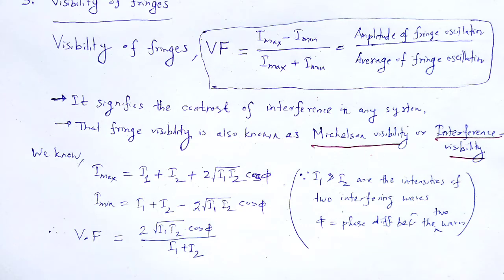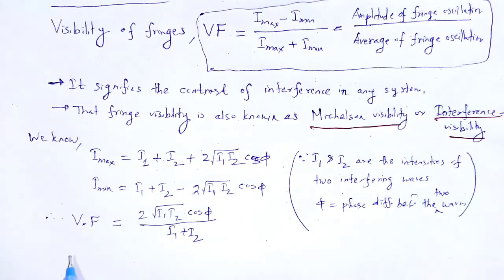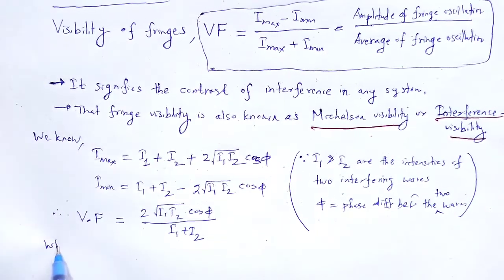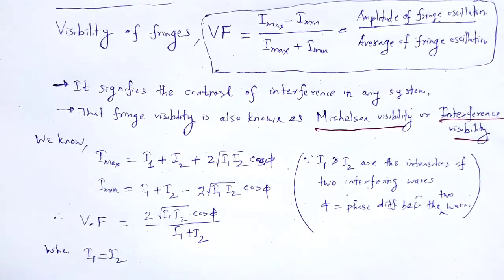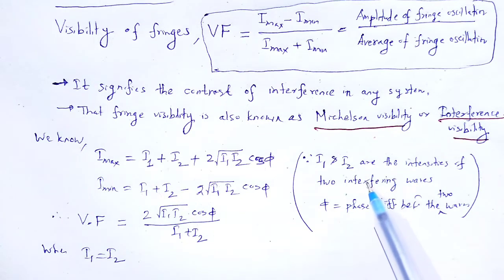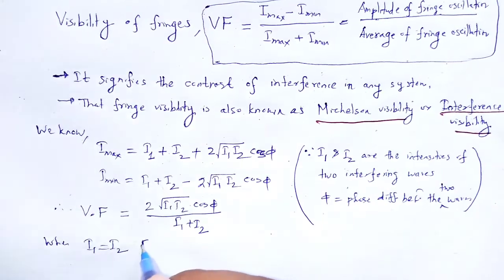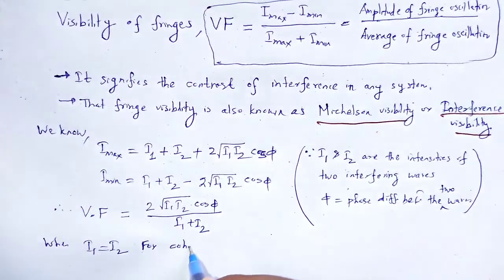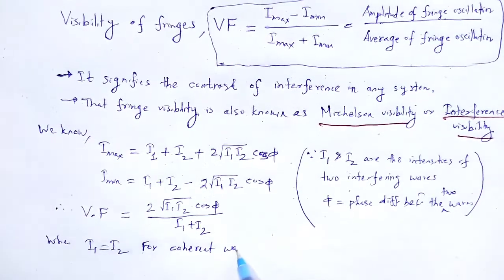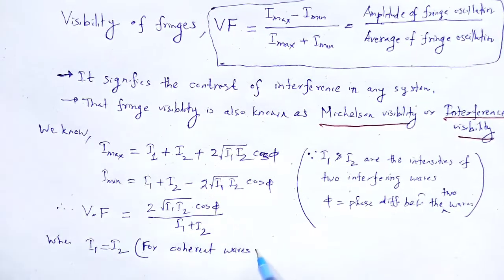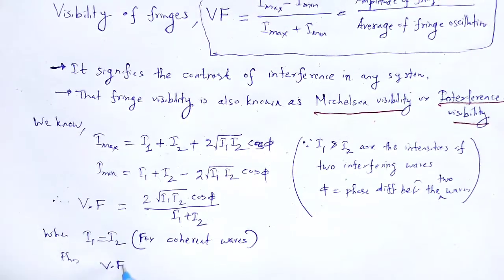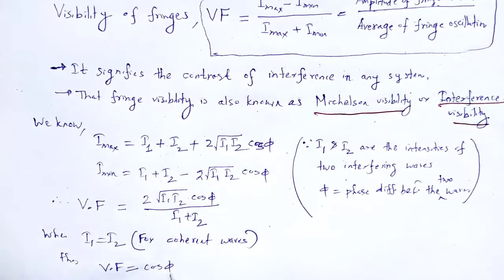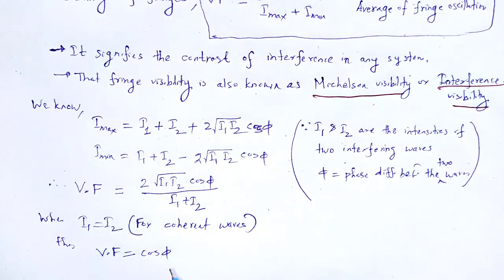Taking a particular condition, when I1 is equal to I2, meaning the intensities of the two waves are the same, that is for coherent waves, then visibility Vf is equal to cos phi.